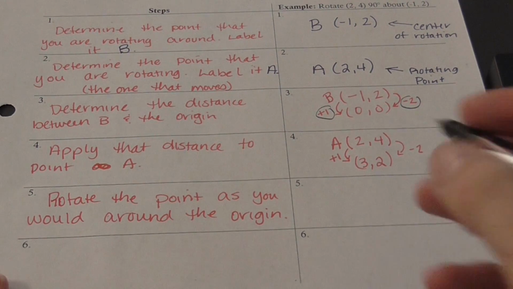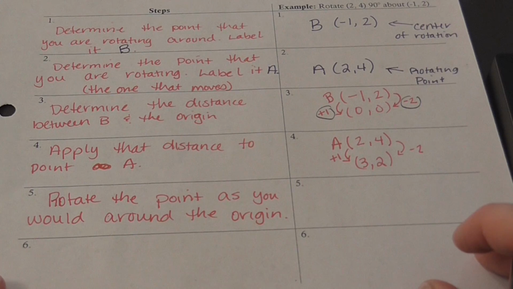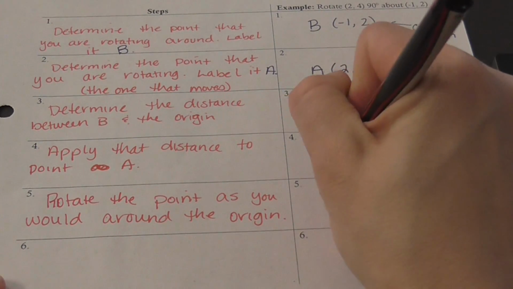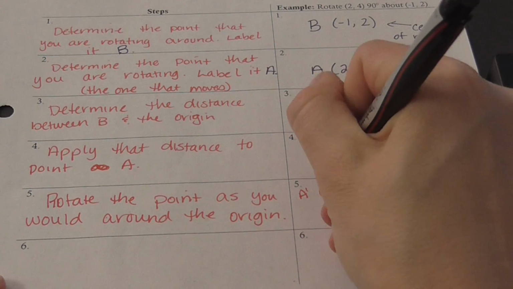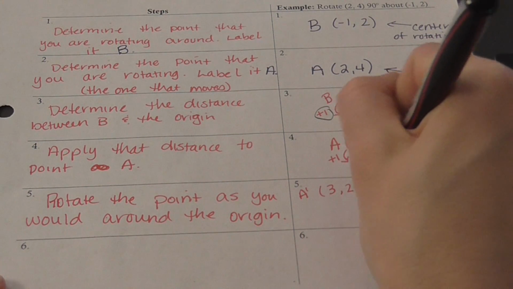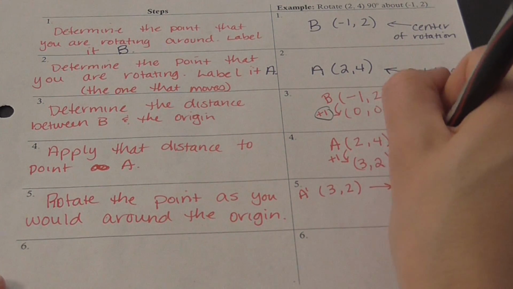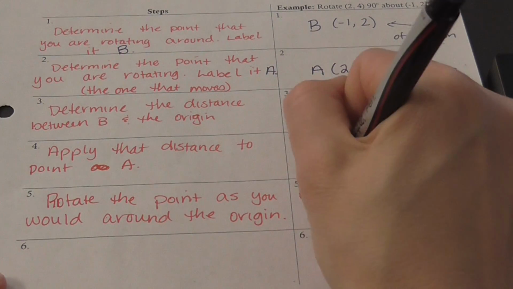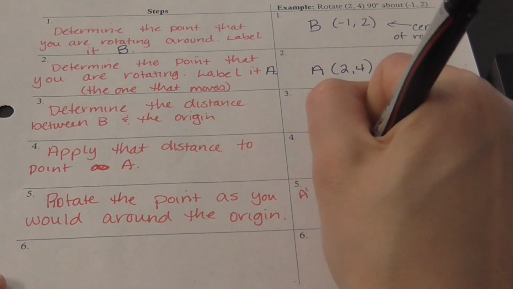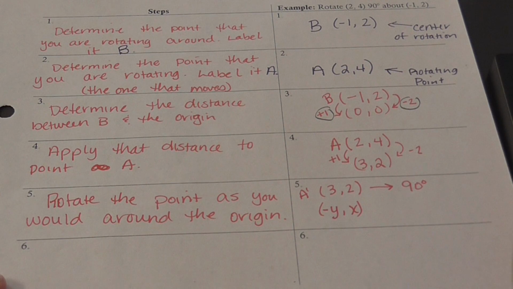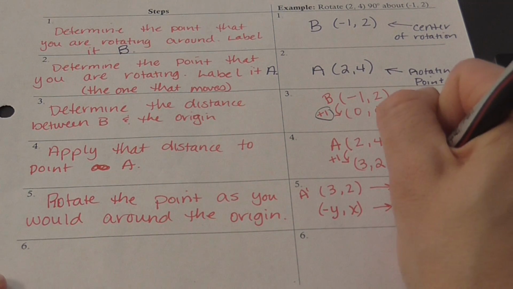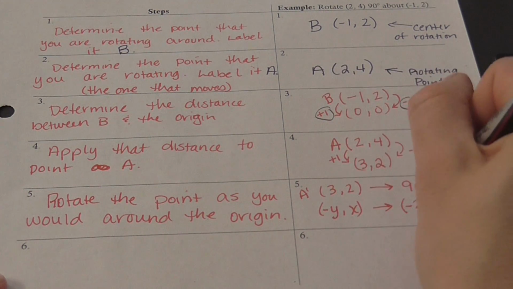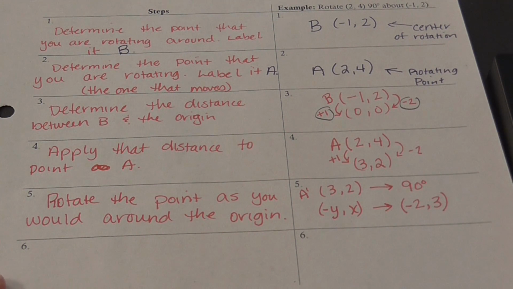So the point (3, 2), our new point, our A prime, we want to rotate 90 degrees. That means it's going to become (-y, x). So we move the 2 over to the x spot and make it negative, and we move the 3 over to the y spot.